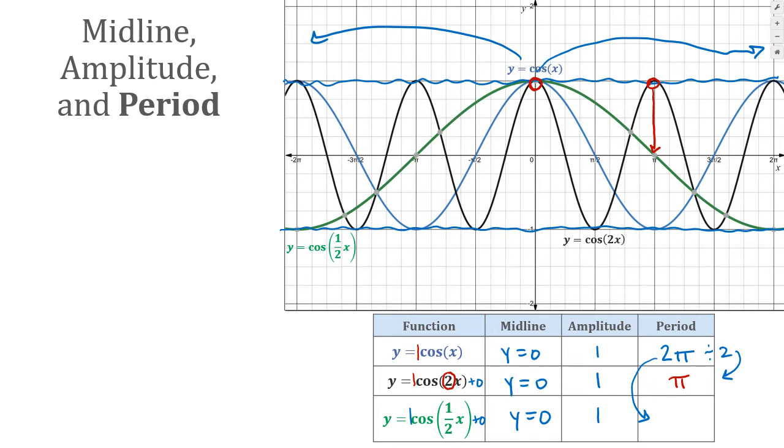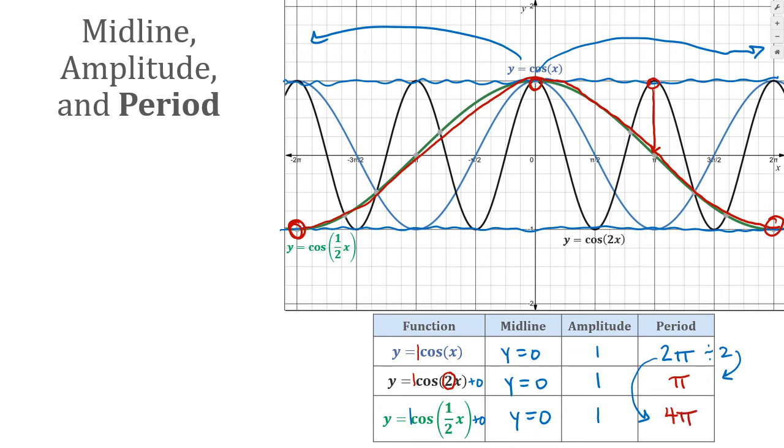I'm going to go down to -2 pi, -1. Here I am. And that's my lowest value. From that lowest value, I go up, I come down, and I begin to repeat at 2 pi. What is the distance between -2 pi and +2 pi? That distance is 4 pi, and that is the period.